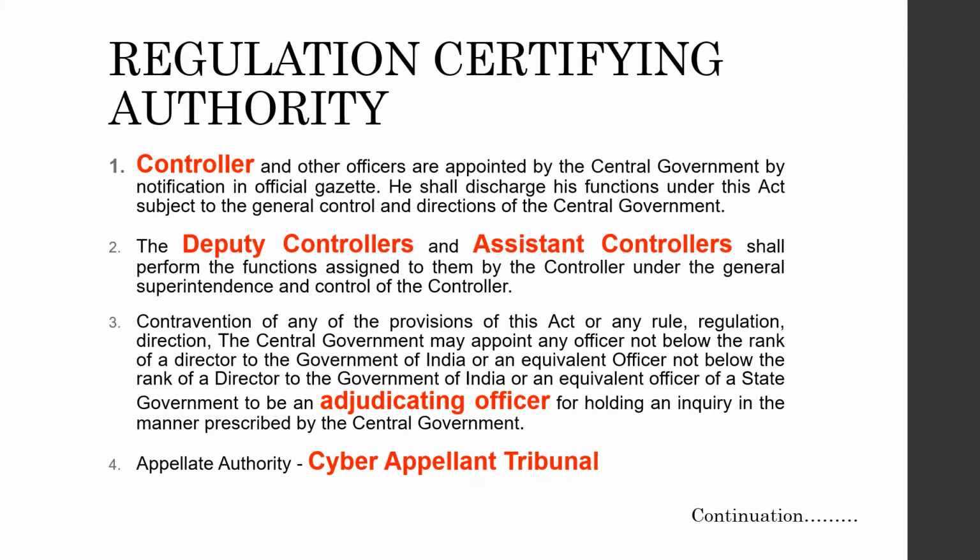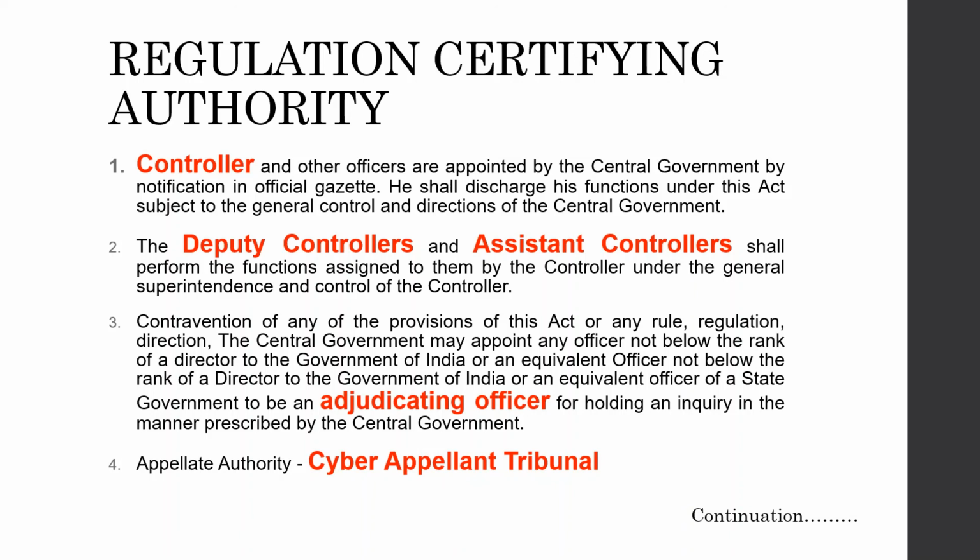Next, deputy controllers and assistant controllers will also be appointed, and they perform the functions the controller instructs, under the general superintendence and control of the controller. So first the controller is appointed by the central government, and the deputy and assistant controllers are appointed by the controller and work as per his instruction.